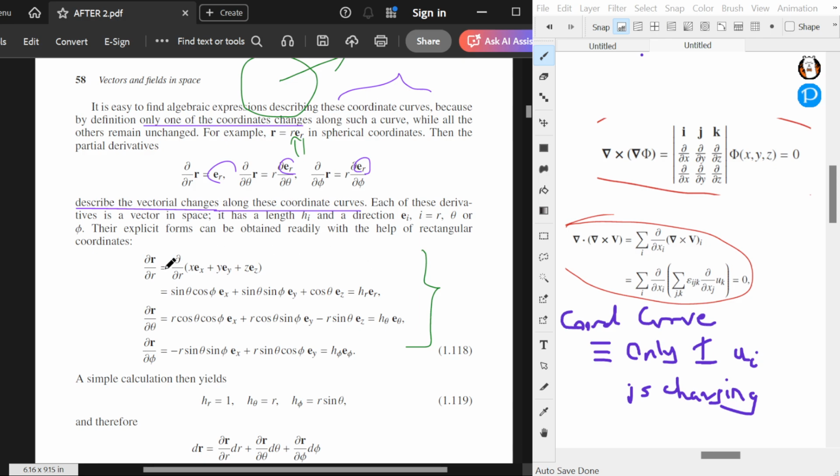The explicit forms can be obtained readily with the help of rectangular coordinates. Del r equals del x e_x plus y e_y plus z e_z.